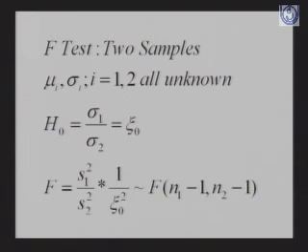If I am having two samples and all the parameters mu i and sigma i, i equals 1, 2, are unknown to me, and I proceed to test the hypothesis sigma 1 by sigma 2 is equal to some notional value psi naught. Now F is s1 square by s2 square multiplied by 1 upon this quantity psi naught square. Now this is distributed as F with n1 minus 1 and n2 minus 1 degrees of freedom.